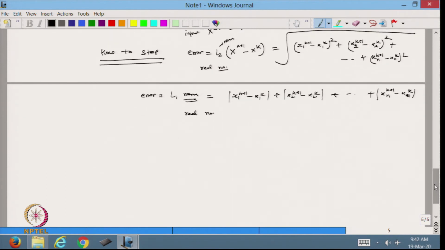From here I will take this error, and I will define the tolerance or the accuracy.